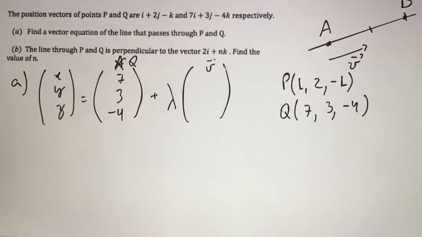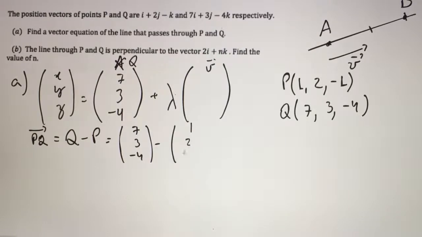Well, do you agree with me that this line passes through P and Q? If it passes through P and Q, vector PQ should give me the direction of the line that passes through P and Q. So I'm going to do Q minus P. Q is 7, 3, -4.